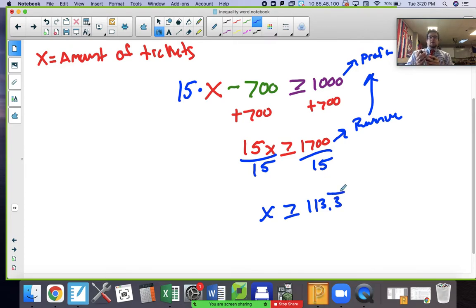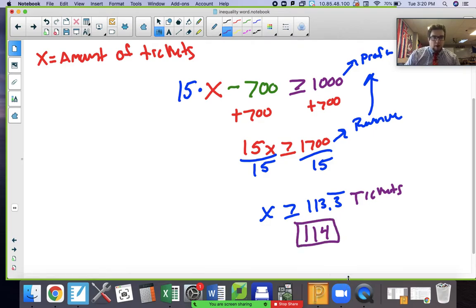I'm just going to double check to make sure that was right. It is. So that means I need to sell at least 113.3 repeating tickets, which we can't, we can't sell a third of a ticket. So what I really need to do is sell 114 tickets to make my $1,000 profit.